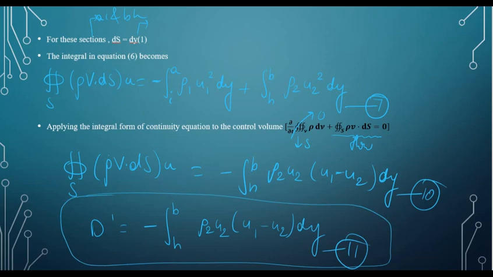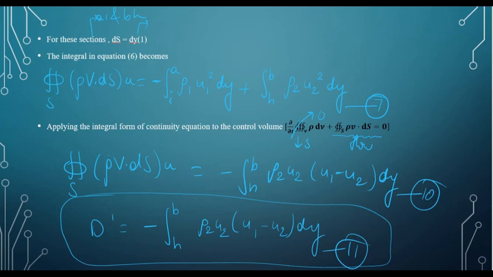This expresses drag in terms of known free stream velocity u1 and the flow field properties, that is rho 2 u2 across the vertical station, which is downstream of the body, that is at the outflow. How can we know these downstream properties? We can either measure it in a wind tunnel, and the drag per unit span can be obtained by evaluating the integral numerically.